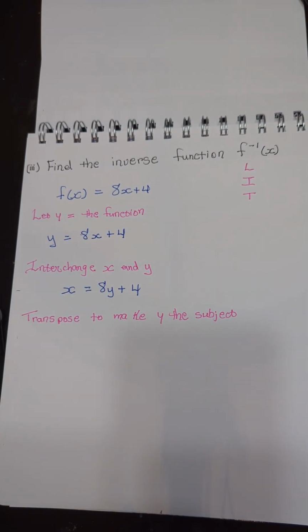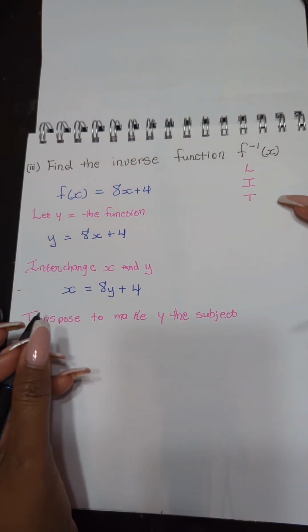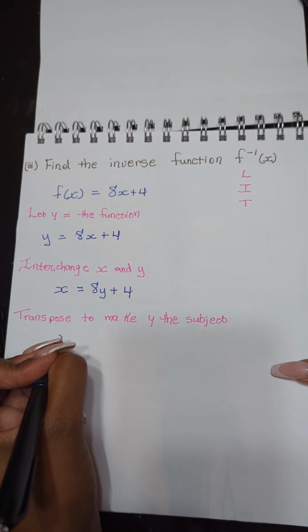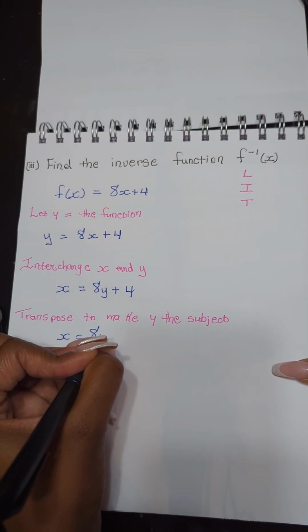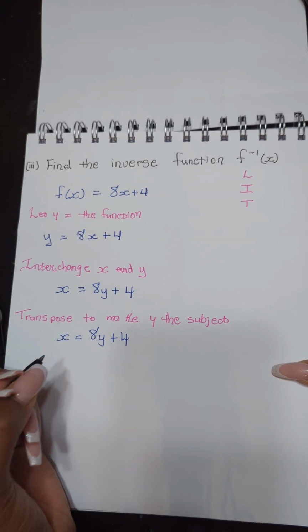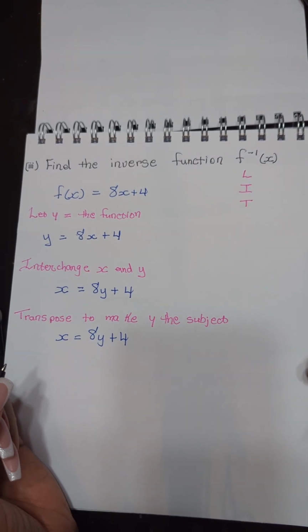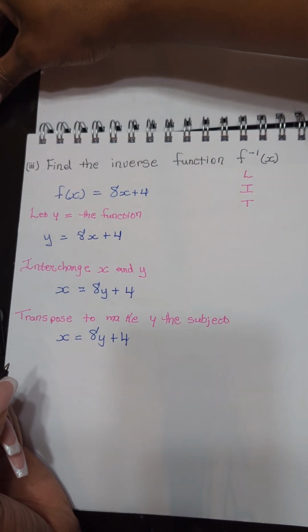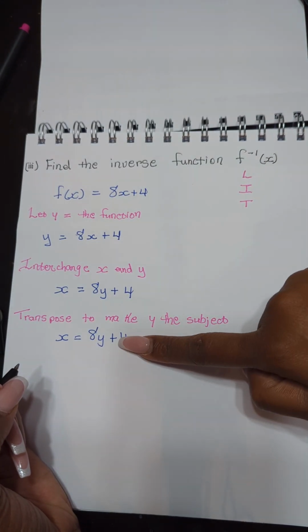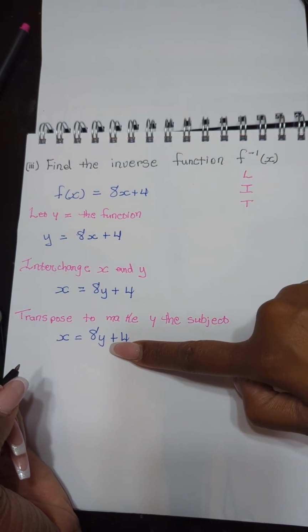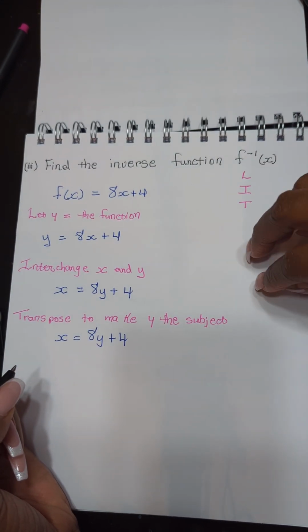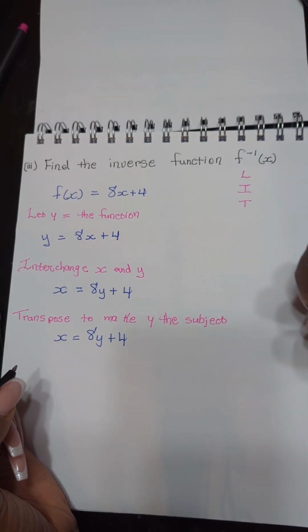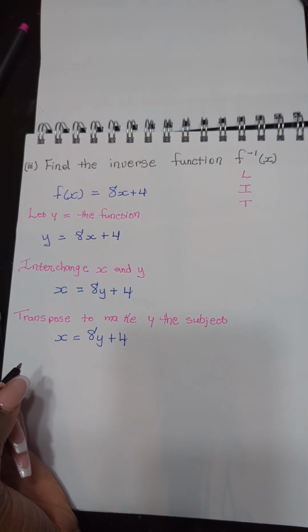Okay? I apologize for the street noise. So let's rewrite this. X is equal to 8y plus 4, right? We need to make y the subject. So let's do some transposing. That means we're basically going to move everything away from the y to make y the subject. Y being the subject means that we want to get y on one side of the equal sign by itself.